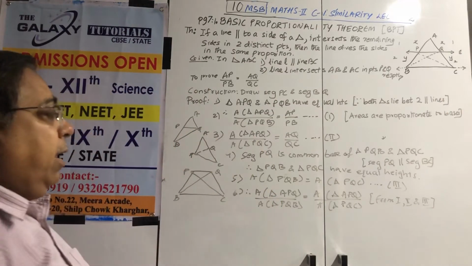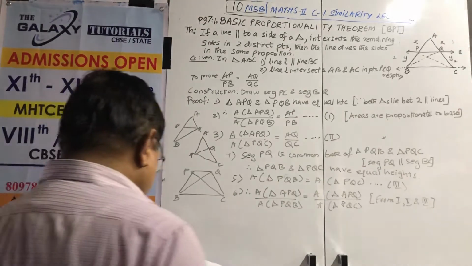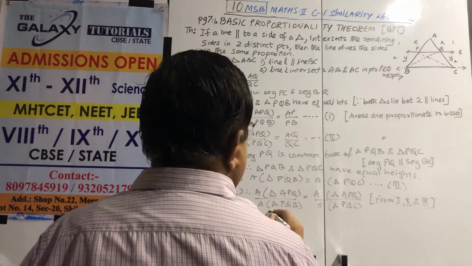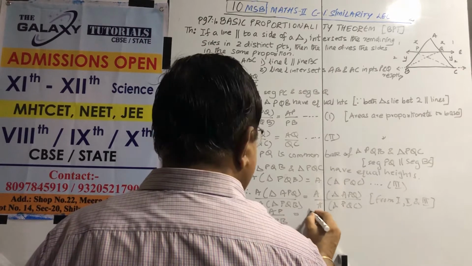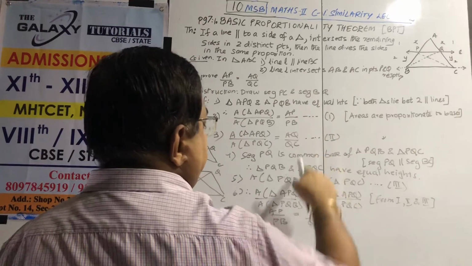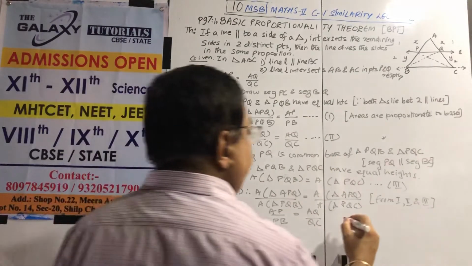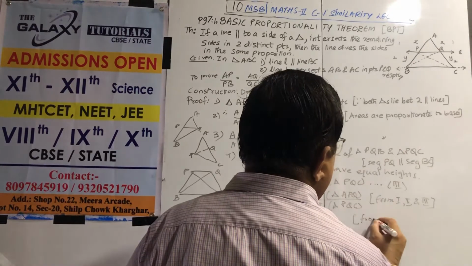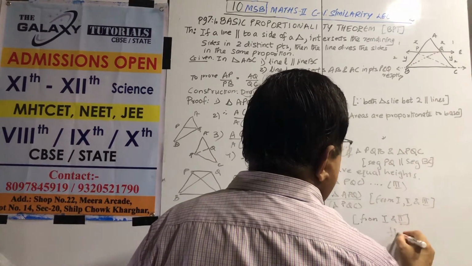Okay, and when we combine, you can see we get this result. Therefore, I get AP upon PB is equal to AQ upon QC. I get the right hand sides from 1 and 2. Hence proof.